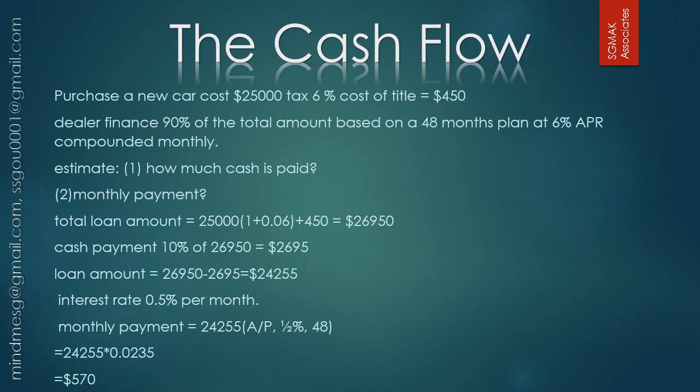So the monthly payment comes out to be 24,255 multiplied by the recovery factor A over P at 0.5% per month and 48 months. A over P, 0.5%, 48 is the capital recovery factor, and that comes out to be 0.0235 if you borrow $1.